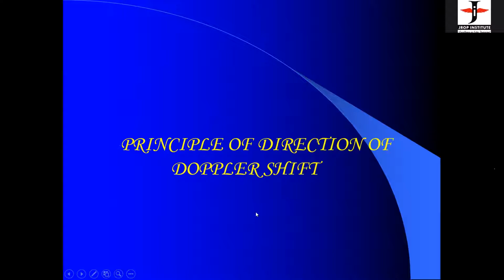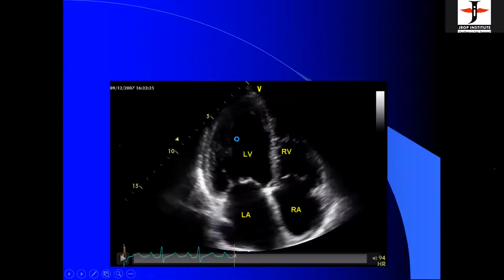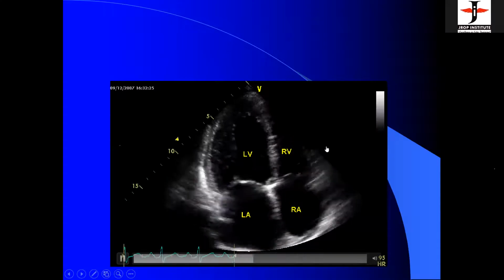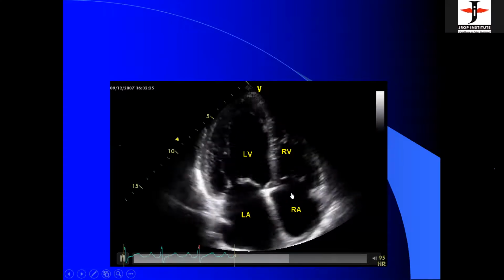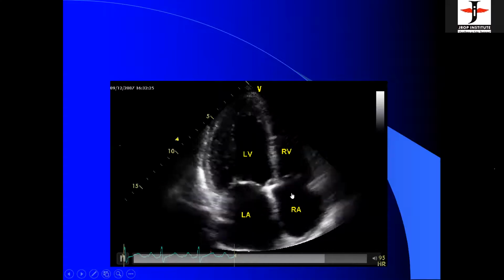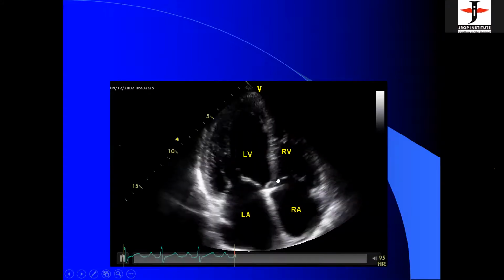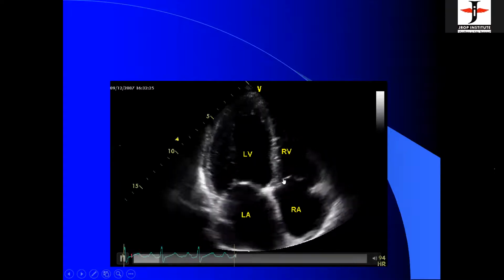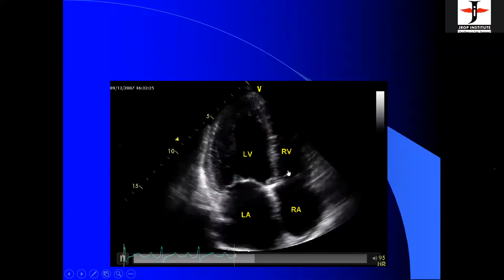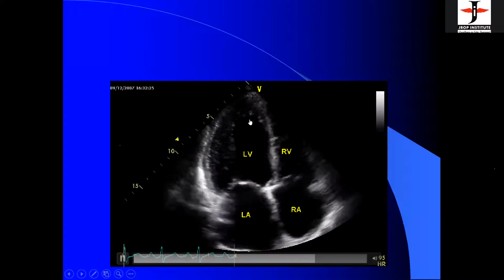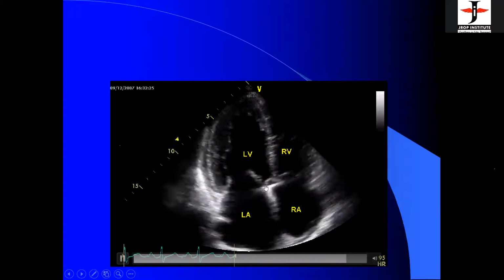Now, what is the principle? Remember, I keep my left ventricle on the left side and right ventricle on the right side. Even if I don't write it here, that point which might have been told to you yesterday or maybe today, maybe next time: the valve which is more attached toward the apical side is always the tricuspid valve, and the valve which is away from the apical side is the mitral valve.